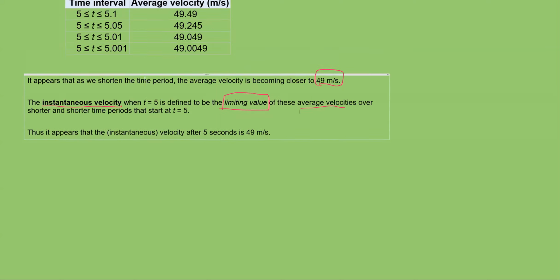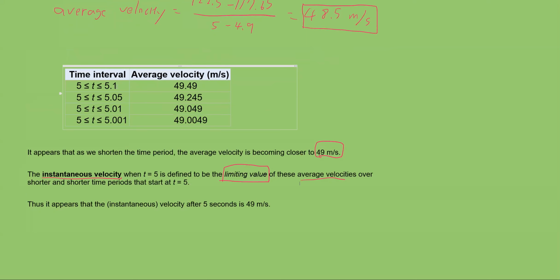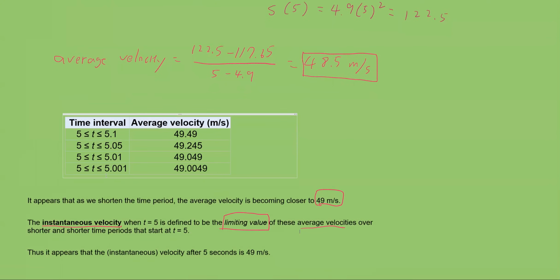When we pick t closer and closer to 5, these are called the limiting values. We cannot use exactly 5, because think about drawing a secant line: there have to be two points and some difference between them.